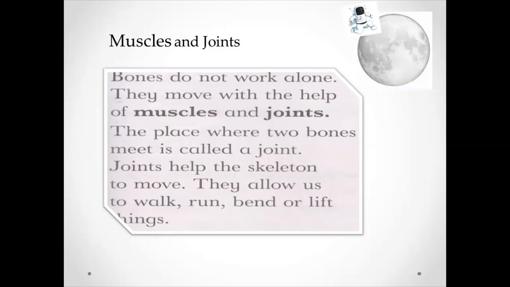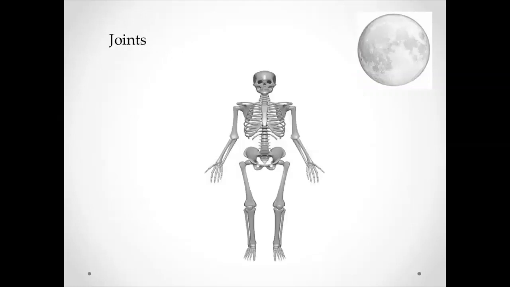As we have already discussed in previous slides, every bone is connected with one another, and these connections are called joints. When one bone is connected with another bone, at that point we call it a joint. Let's explain with the help of a diagram.